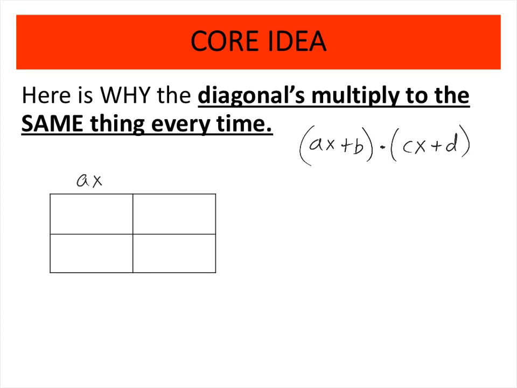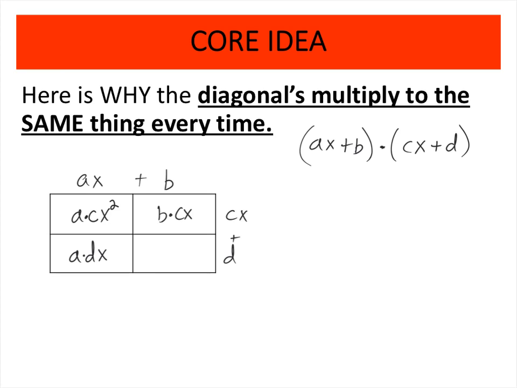So we've got ax plus b and cx plus d. Ax times cx is a times c x squared. And b times cx is b times c x. And ax times d is a times d x.